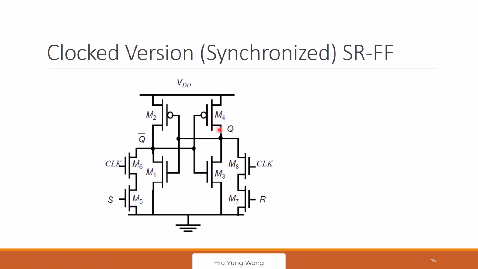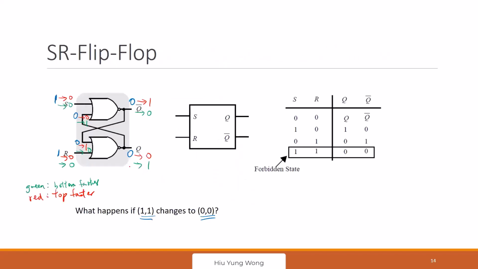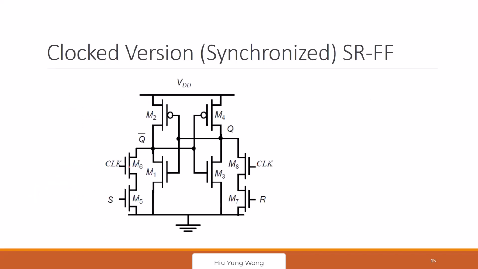So here we also have 8 transistors. So it is actually similar. But then we actually have a clock to control it, right? Here is not controlled by the clock. What does it mean? It means that when clock equals 0, you only have this circuit left.